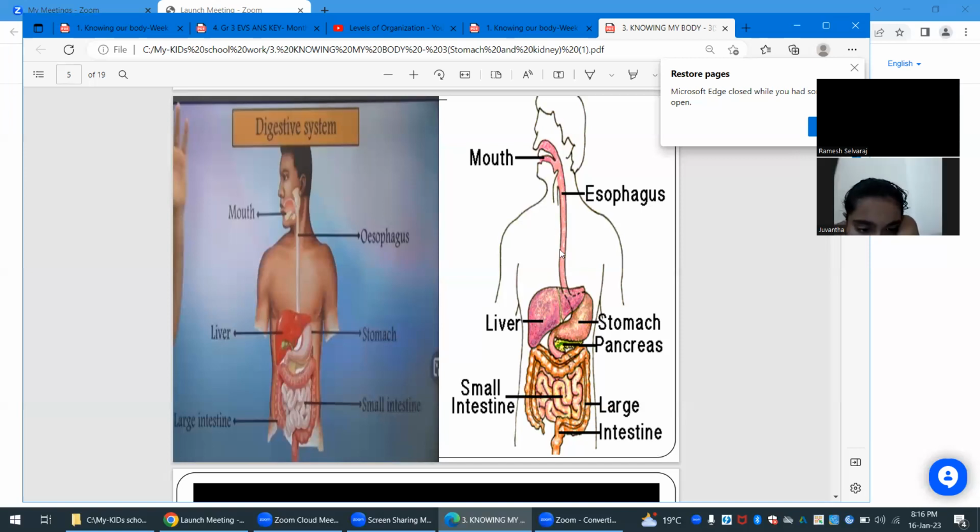If somebody is drinking alcohol, for example, that will become a lot of fat, and then the liver gets damaged. Even if you eat a lot of oil, fatty food, or pizzas, that will convert into fat and be stored in the liver.